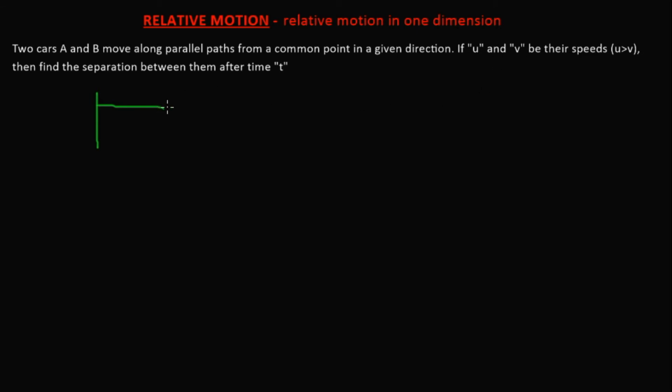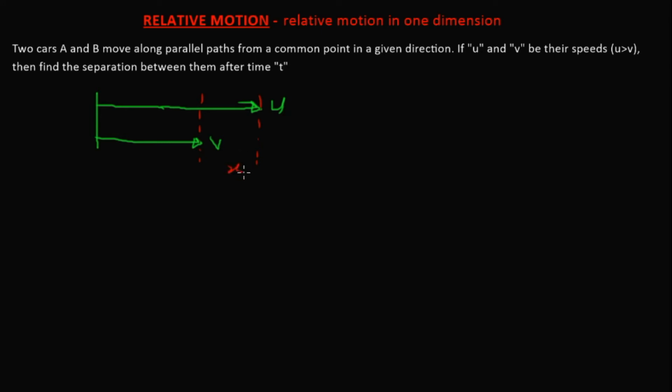That means u is faster, and then we have v to be somewhere here. So we have u, v, that's their velocities. Then find the separation between them after time t. This is the separation between them.